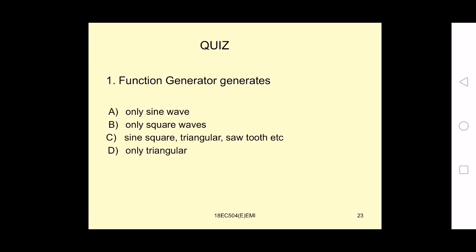So here is a little quiz about function generators. Does a function generator generate only sine wave, only square wave, sine, triangular, sawtooth, or only triangular? The option is that it generates sine wave, triangular wave, and sawtooth wave, as well as square wave.